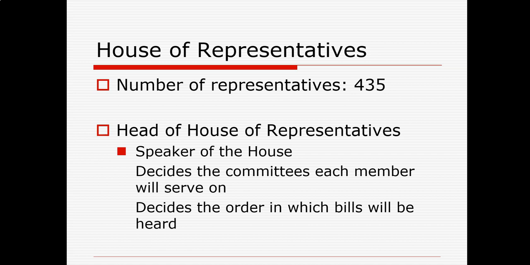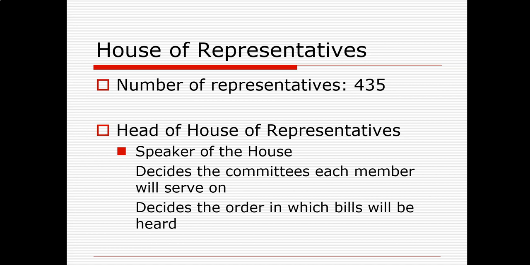The head of the House of Representatives is the Speaker of the House. The Speaker decides the committees each member will serve on, decides the order in which bills will be heard. The Speaker of the House is extremely powerful because he or she can decide what bills will be actually brought forth to be voted on, and what bills will not be brought to the House floor to be voted on.